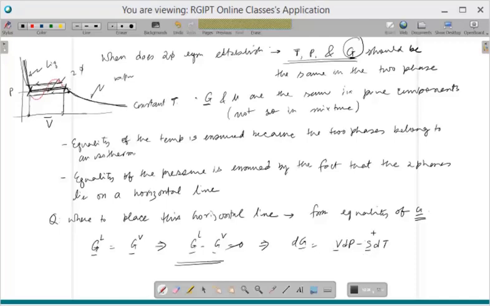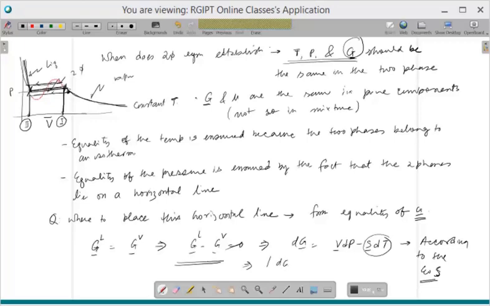This would be according to the equation of state. Now the equation of state is an isothermal equation of state, so this term dT is 0. If I go from this state, let's call it state 1, and this state, state 2, the liquid and vapor states, then delta G bar from liquid to vapor is 0.